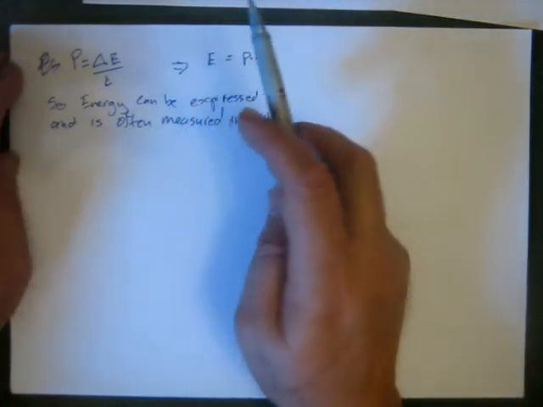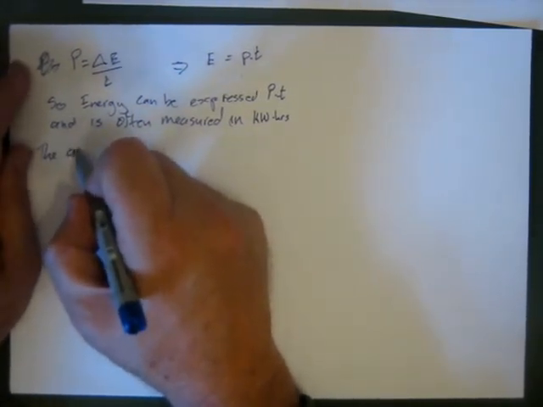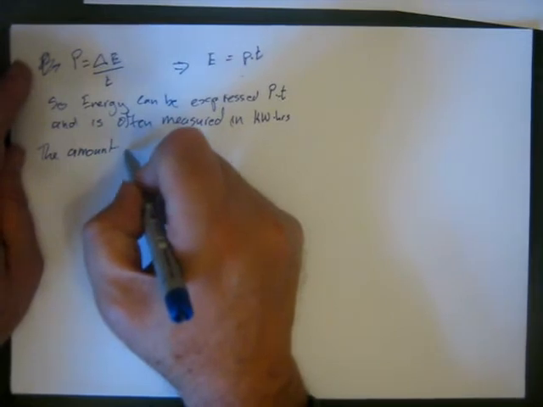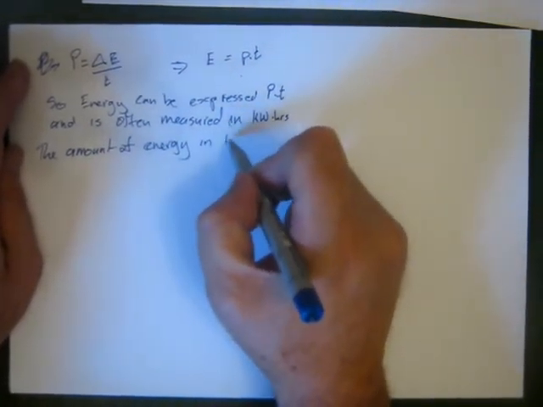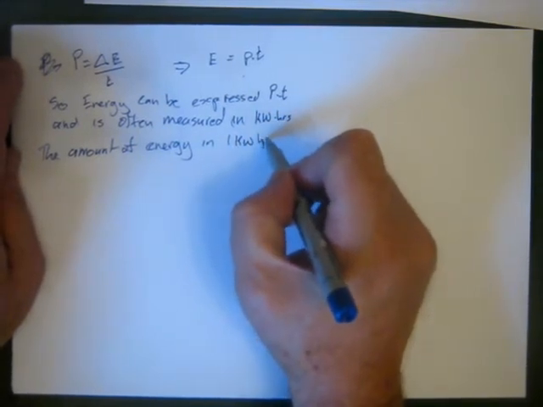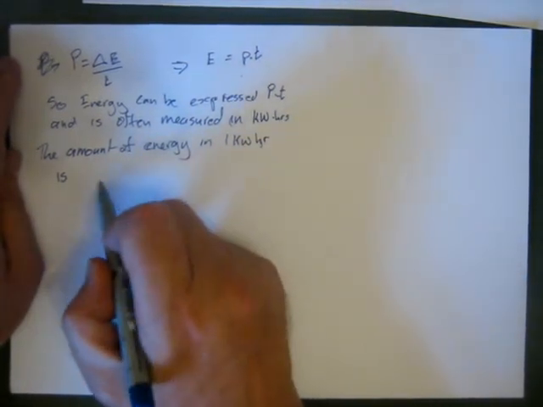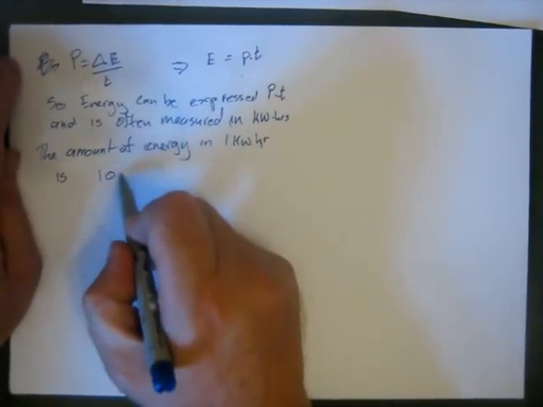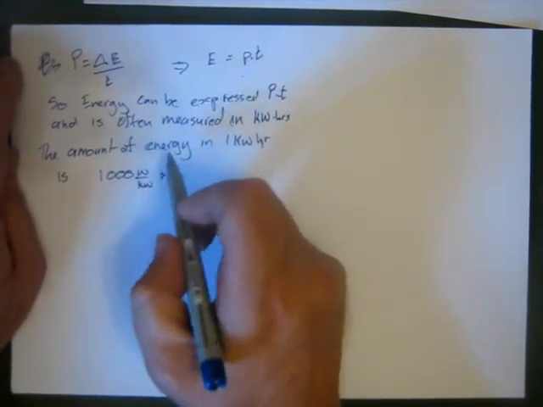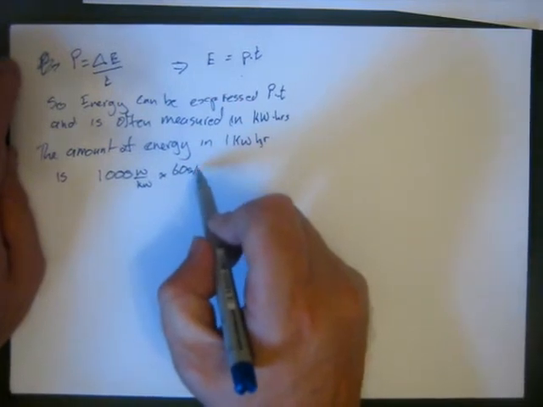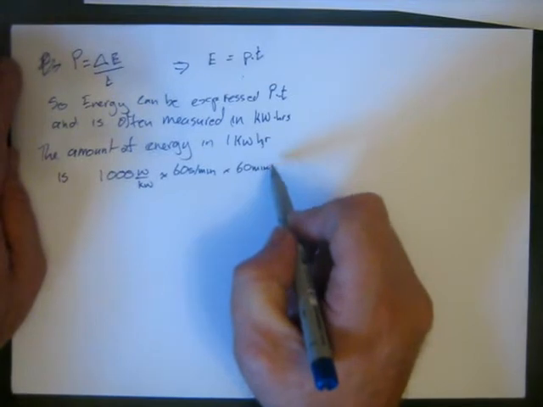So what's the amount of energy? Let's try this. The amount of energy in 1 kilowatt hour is going to equal 1,000 watts per kilowatt times 60 seconds per minute times 60 minutes per hour.